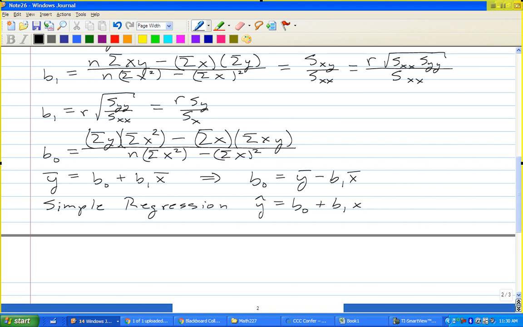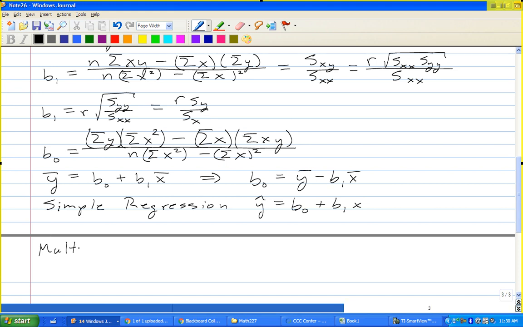So there's only one variable x. Multiple regression, if there's more than one variable. Say b0 plus b1, maybe I'll call it x1, plus b2 x2 plus however many you want. Let's say bk xk. So that would be multiple regression.